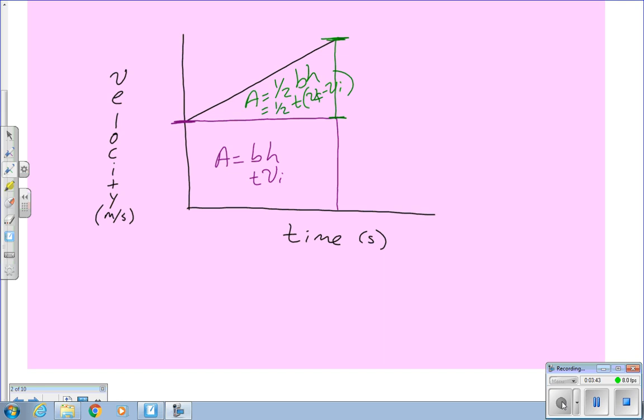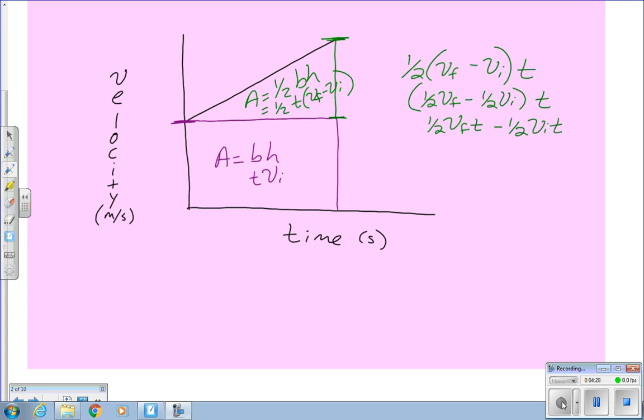So I'm going to rearrange this to 1/2 of VF minus VI times t. And then if I distribute the 1/2, I'd have 1/2 VF minus 1/2 VI times t. And then if I distribute the t, I'd have 1/2 of VF times t minus 1/2 of VI times t.